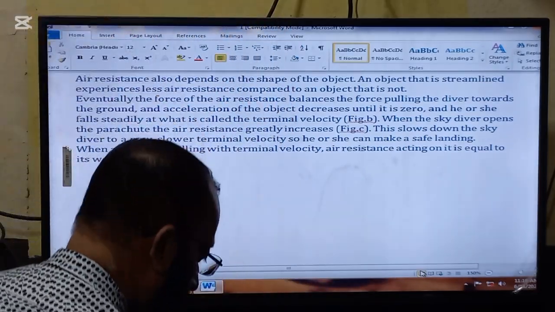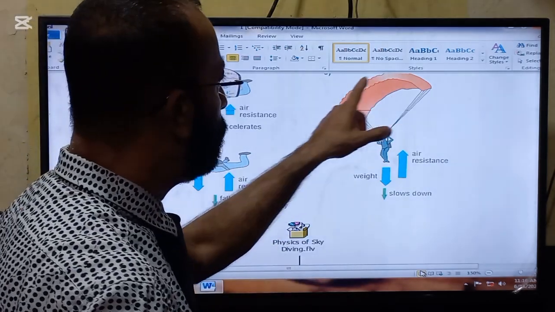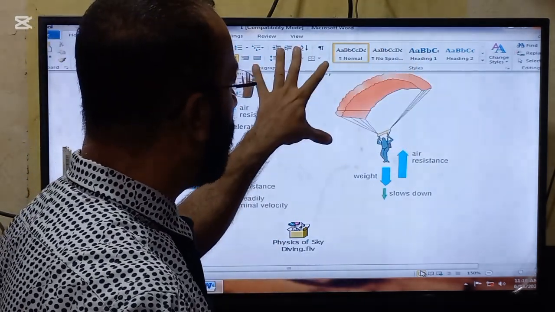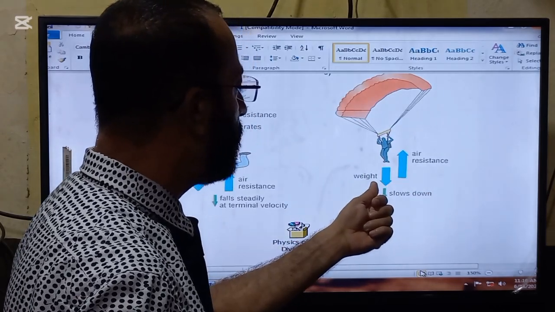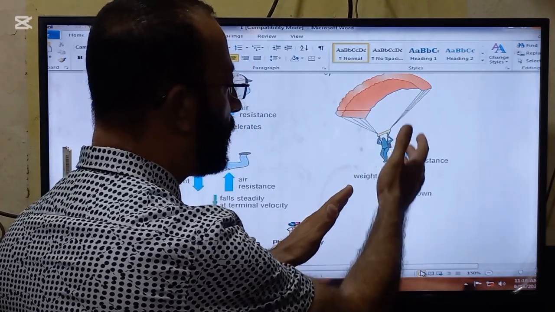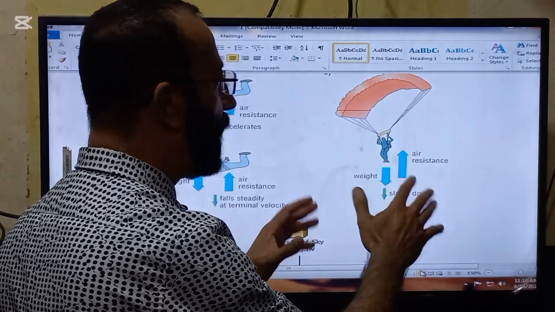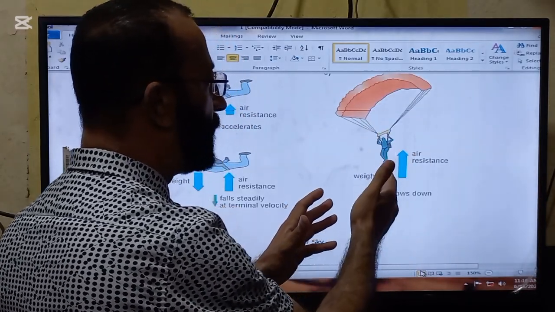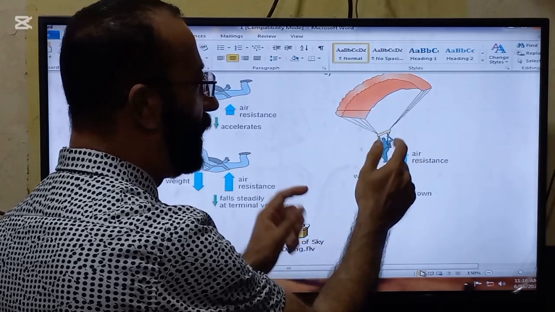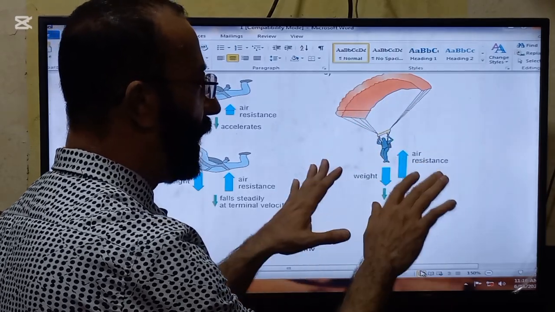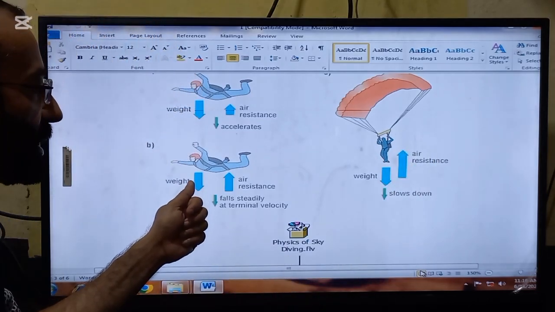So look now, the parachute is open, so there is a greater surface, air resistance is more as compared to weight, so the body's speed will decrease. But after some time the air resistance will balance the body weight again, and the body will gain a constant velocity again that will be much lesser than in the previous case.